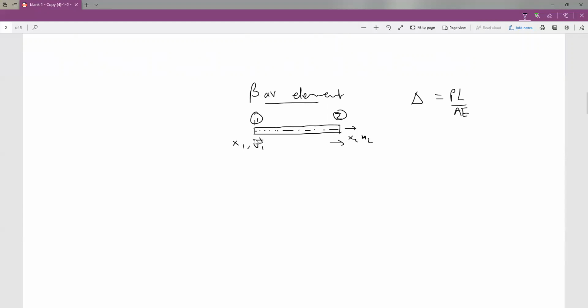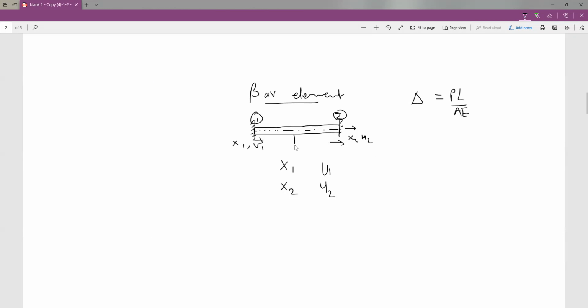Just like we have done in the spring, you allow the deformation of the second joint, then you allow the deformation of the first joint, and by doing this process you write the equilibrium conditions and relate the forces with the displacement. So both the forces will be related with both the displacements, and in the process we will be getting the very same approach.